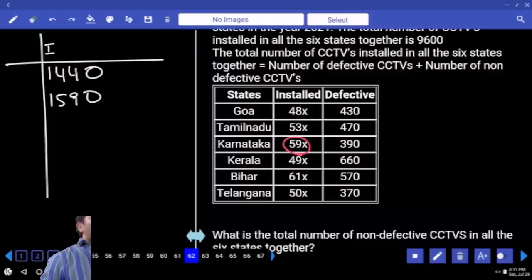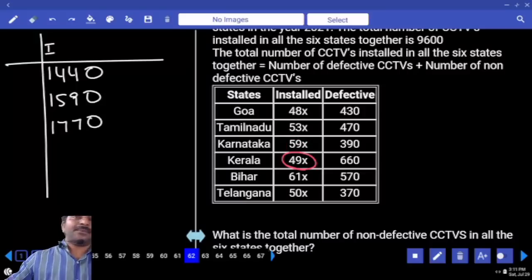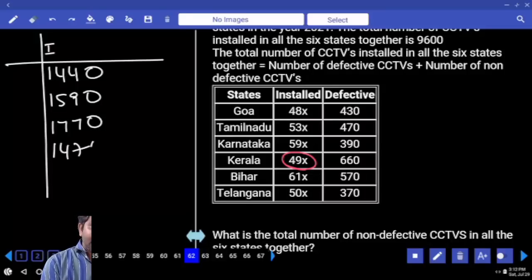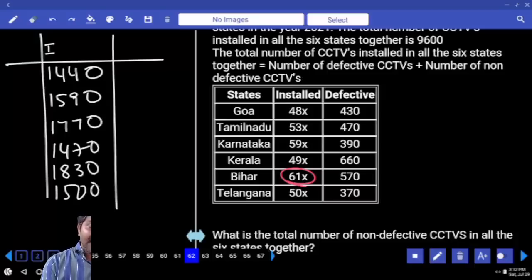Treat it as 60 minus 1. 3 times of it, 180 minus 3, 170 and then a 0. 49 3 times, 50 minus 1, 150 minus 3, 147 and then a 0. 61 3 times, 183. These are all installed.